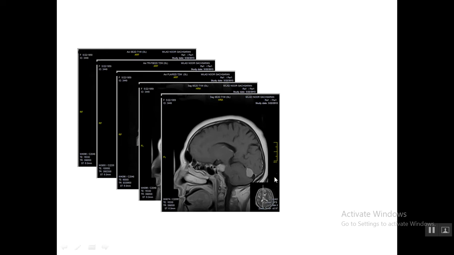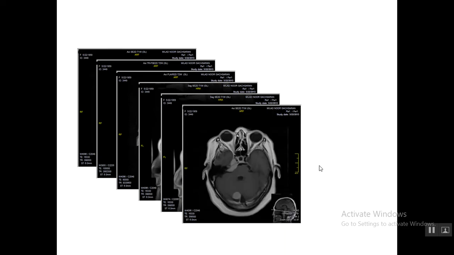As you know, an abnormal signal intensity lesion is in close contact with the tentorium here, and another one is in contact with the sphenoid bone. And in review of axial images of the patient, you can see abnormal structure here and here. What are these?